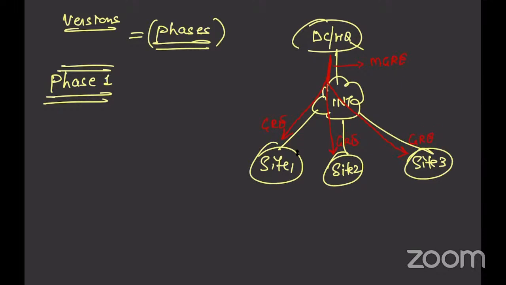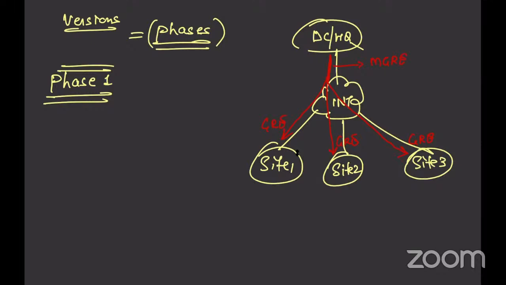So when they configure it like that, on the site side the tunnel is GRE. Whatever data you need to send from one side to another side will go to the hub.